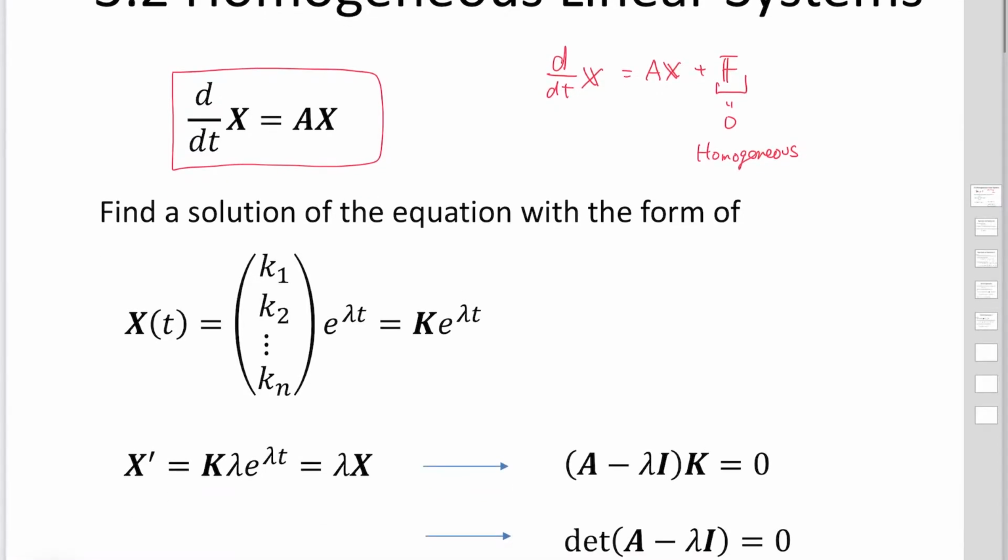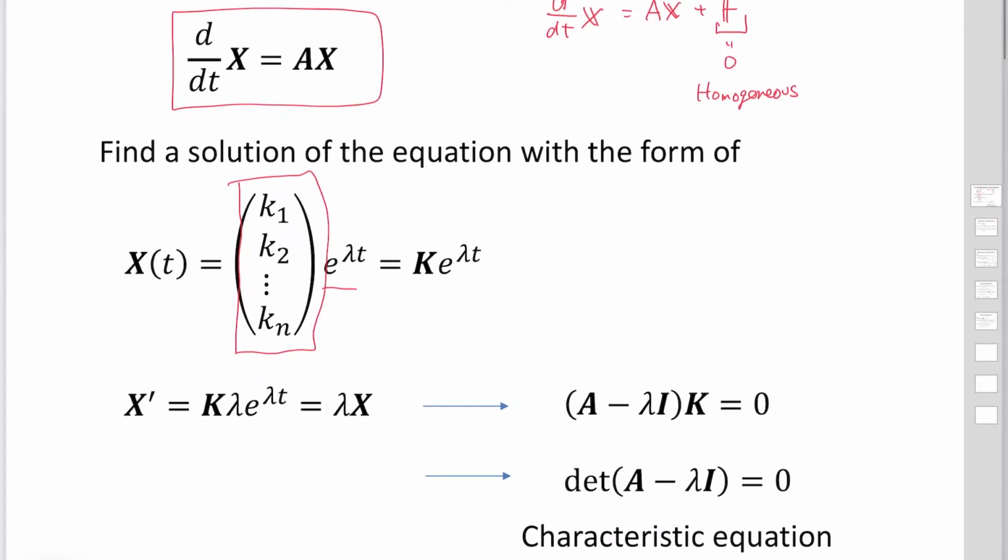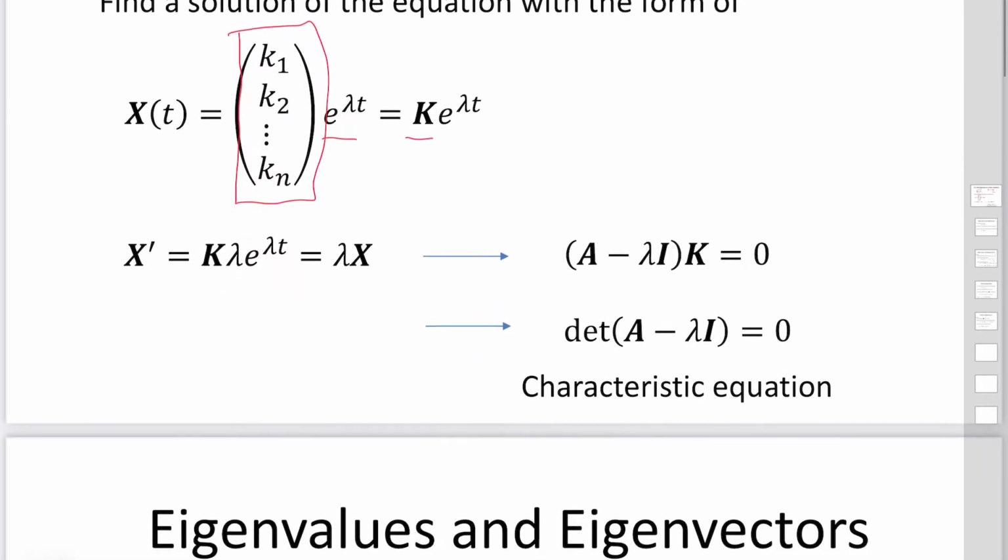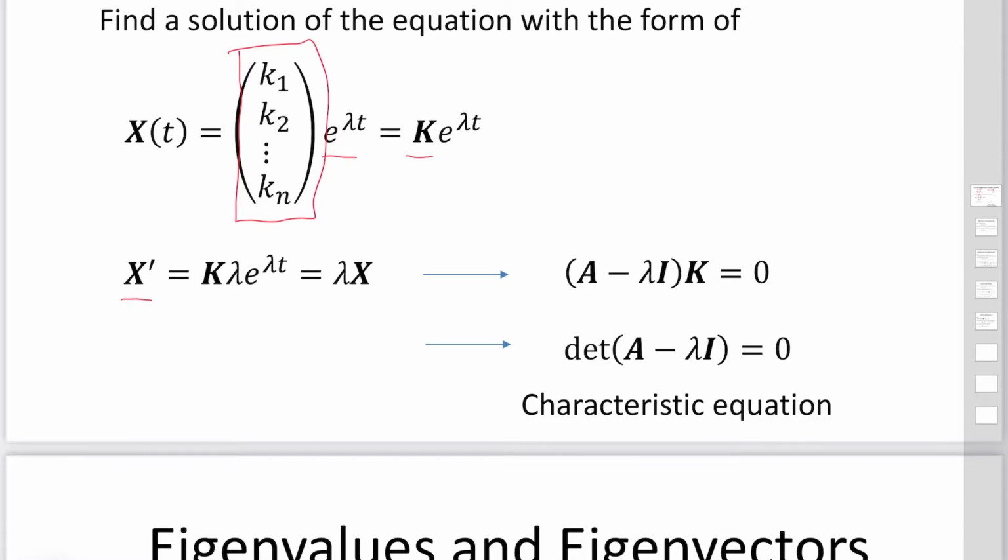The solution x is expressed with a non-zero vector K times exponential lambda t. Then we'd like to substitute this form of x into the differential equations. x prime is the derivative of x with respect to t, and K is a constant quantity, so we don't have to consider the derivative of K with respect to t.